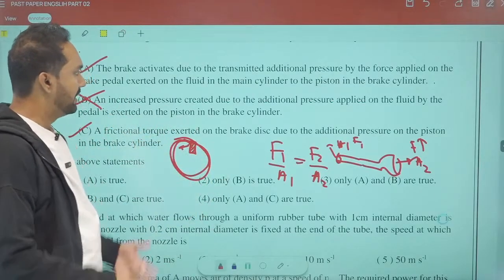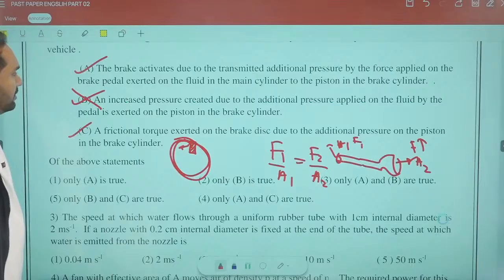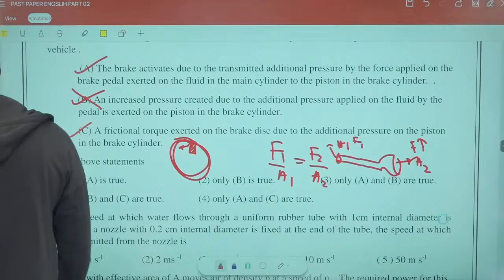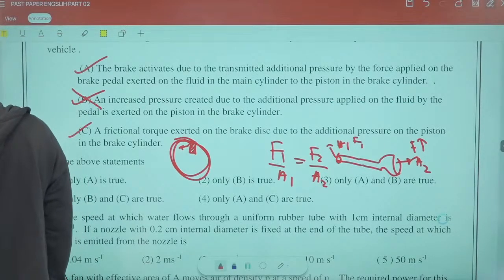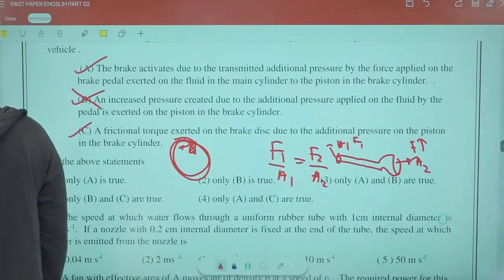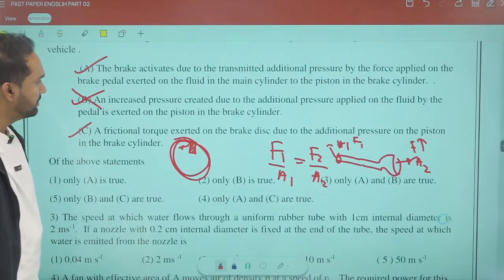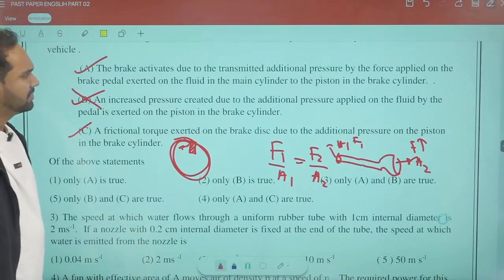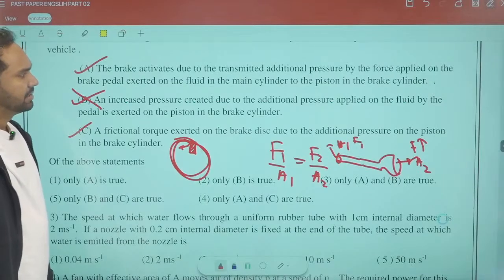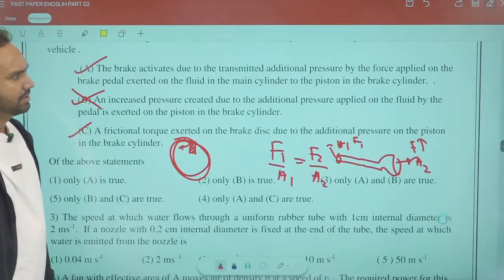So the brakes are working, right? As per the answer, it says B is false. Pressure is not increased or multiplied during the transmission. That is true. Pressure is not increased in the transmission. Does it say anything about the pressure being increased in the transmission? An increased pressure created due to the additional pressure applied.